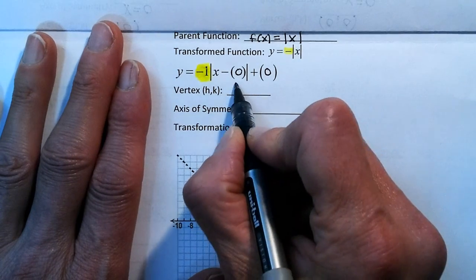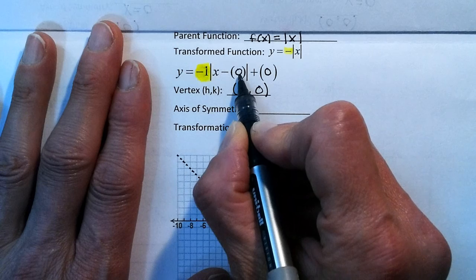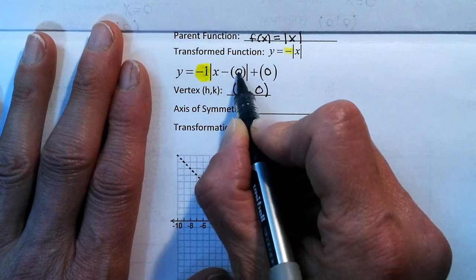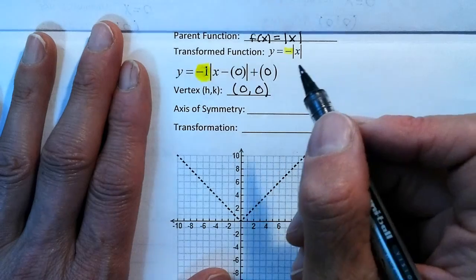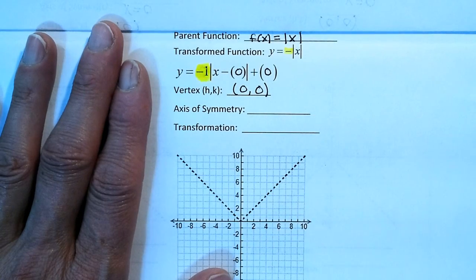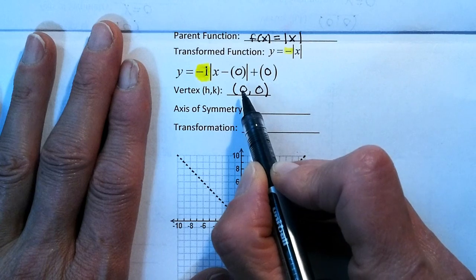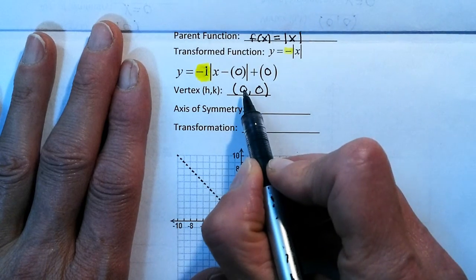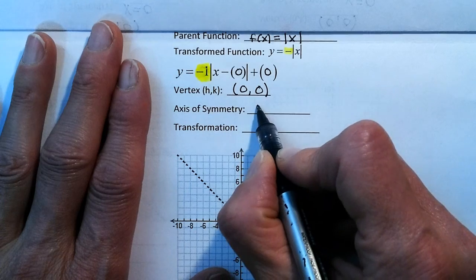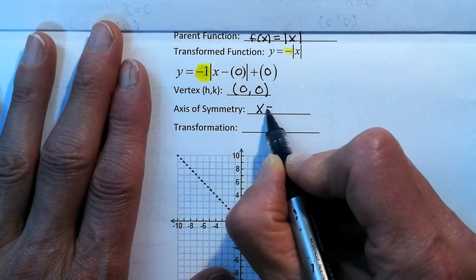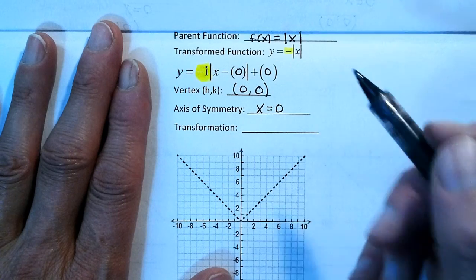So that means that my vertex is (0, 0), because this value here is the x and this value here is the y of my vertex. So here I get my axis of symmetry. The x value of my vertex is my axis of symmetry. So here my axis of symmetry is 0.